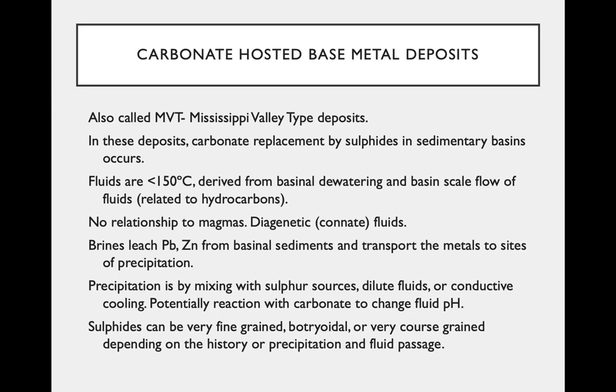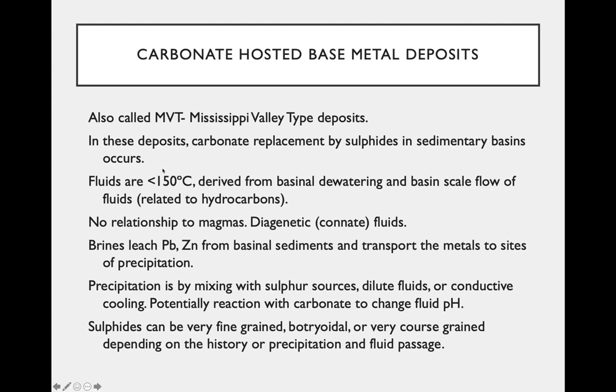And this is slightly distinct because we're dominated by base metals, lead and zinc, and we have a distinct reaction compared to copper. So we have carbonate replacement by the sulfides in sedimentary basins. So we need carbonate material to contribute to these reactions. And they're predominantly reduced systems where we're dominated by lead and zinc transportation, and less so by copper.